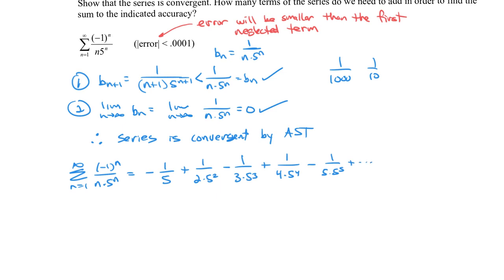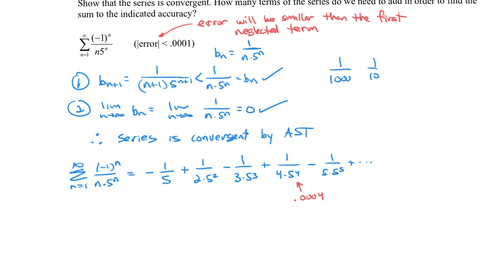Okay. But what we want to see is, when will our first neglected term be less than this, right? So I'm going to look at this one. If I punch this number into the calculator, 1 divided by, and then in parentheses, 4 times 5 to the 4th, what I get here, 0.0004. Okay, I'm not quite there yet. So I need this term. Let's try this one.